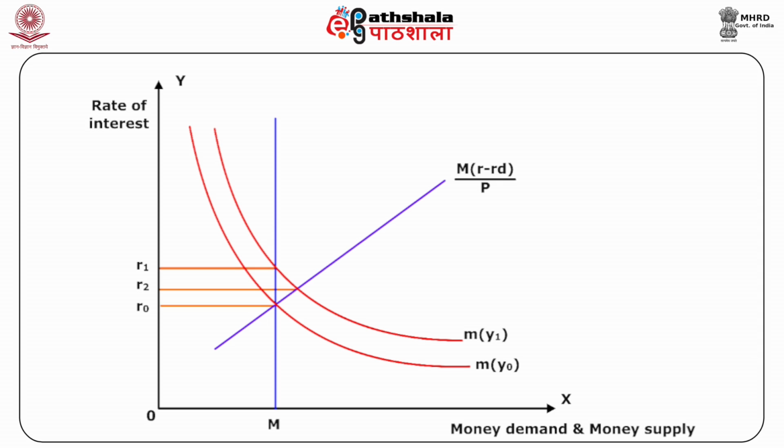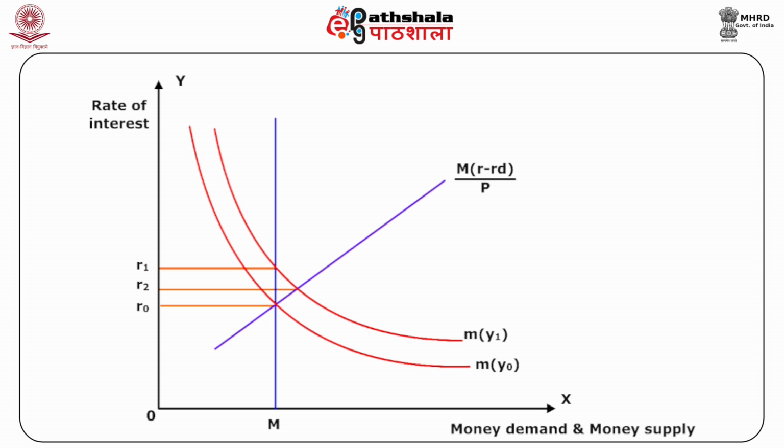Correspondingly, suppose in the product market the level of income increases from Y0 to Y1. The new intersecting money demand function would be small m y1, which is the demand for real cash balances. With the new demand for real cash balances, the upward sloping money supply function would intersect at R2.